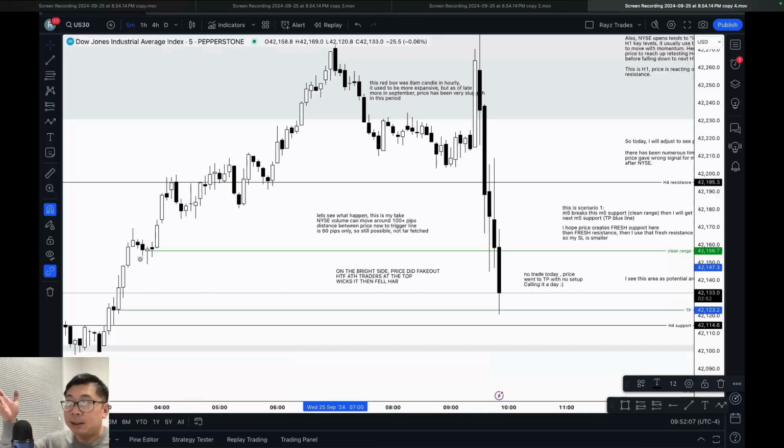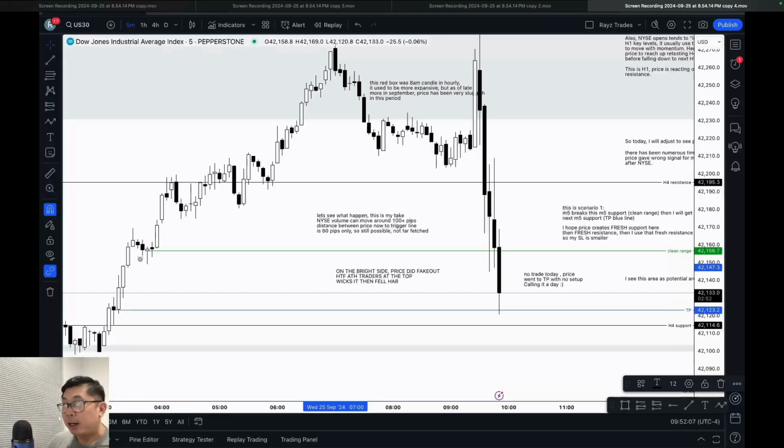This is a setup for all-time highs. When price hits an all-time high, it will wick, it will fake people out that price wants to go higher to even a new all-time high, but instead price wants to come back.